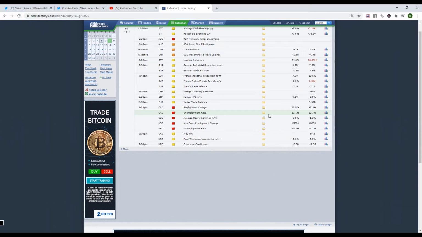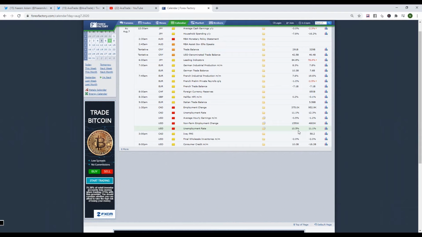Sorry, I was reading the wrong one. So that's the unemployment rate for the Canadian economy. For the US economy, it is 10.5%, because the previous number is 11.1. So the moment this number falls below 10%, it is really going to bring an enormous amount of confidence for the US economy, because this number was expected to rise to 20%, but it never traded above 14%.